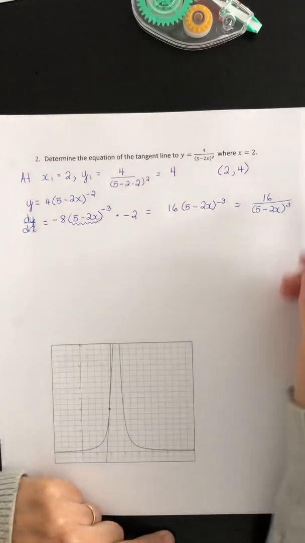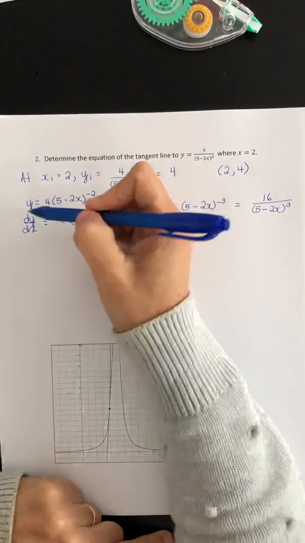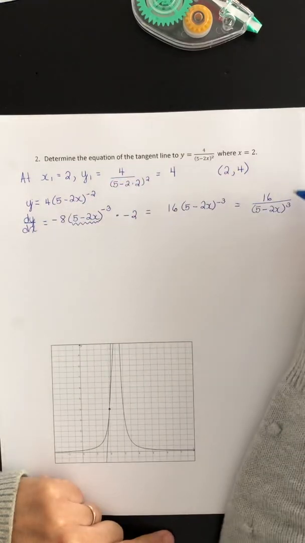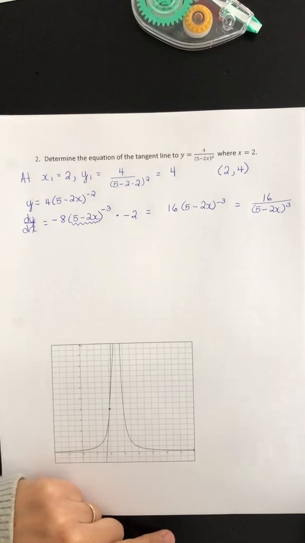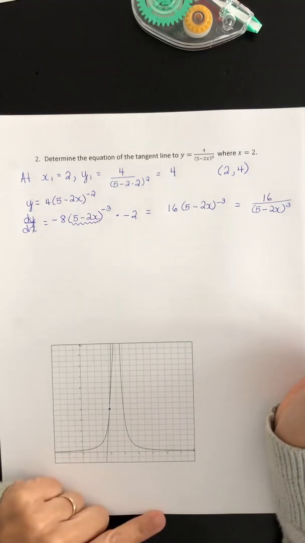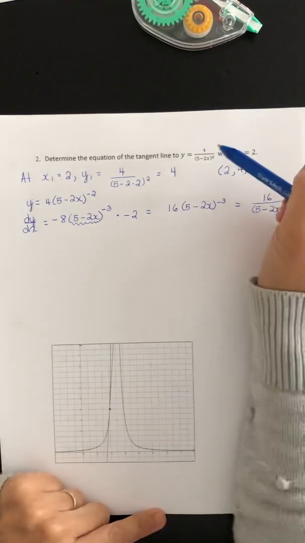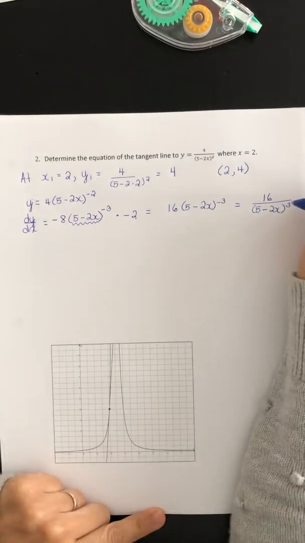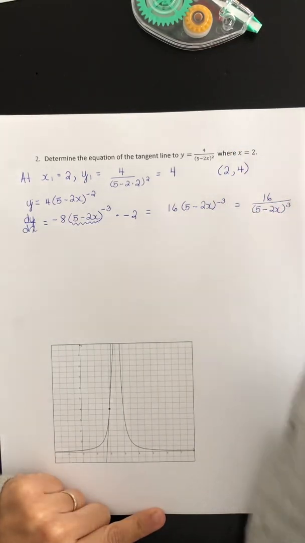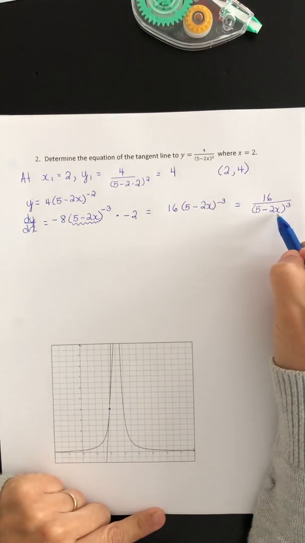So this is an expression for the first derivative. It is an expression that provides the slope of the tangent line at any point along the curve. Okay? We need a numeric value, which means we actually have to substitute an x value in here.